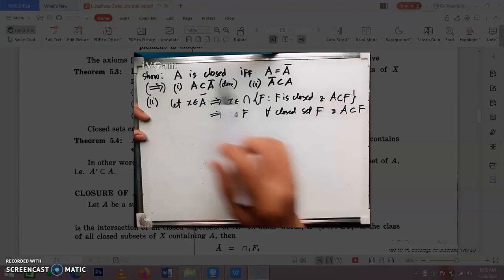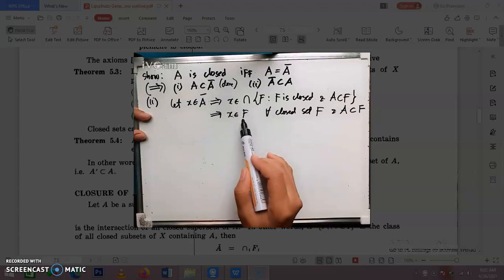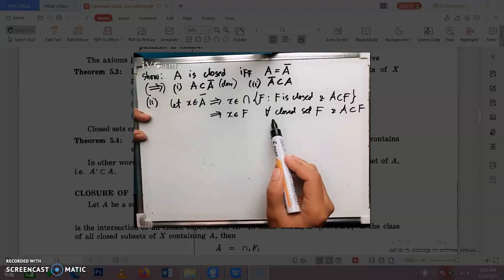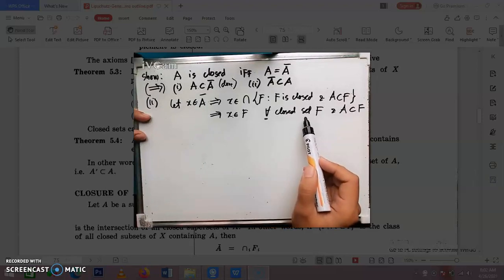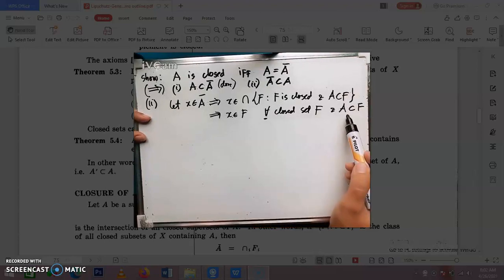Now, our assumption here is A is closed, right? So it means A is one of the F, right? Because this is for all closed set. Therefore, A is one of the F, and the condition that A is a subset of F is still correct because A is a subset of itself.